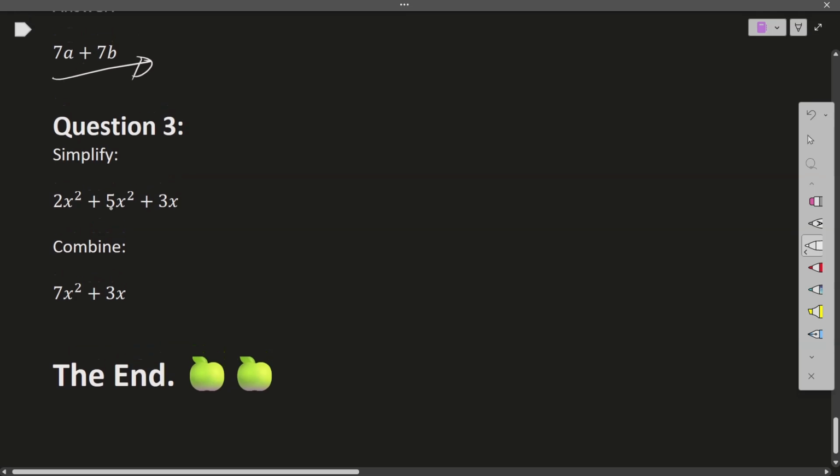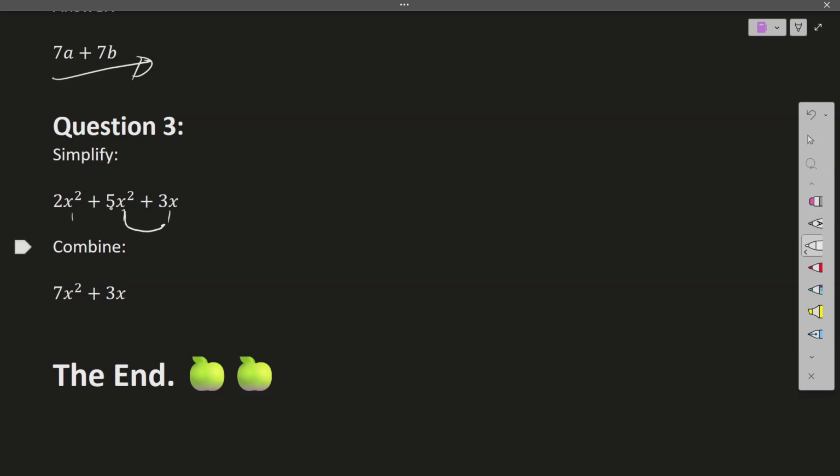Question number 3, simplify the following expression. Remember, now if you have similar quantities but they are raised to different exponents, yes, they are the same fruits, but now they have different exponents.